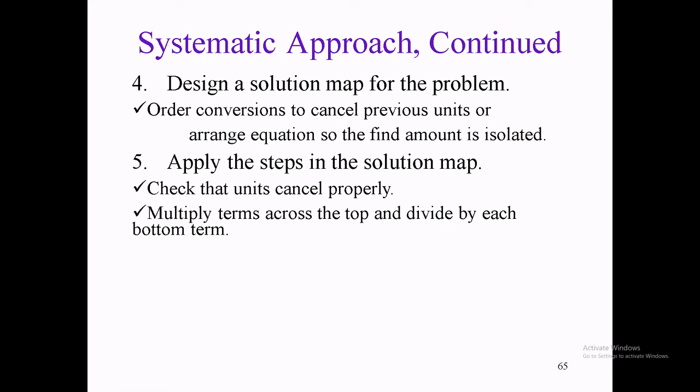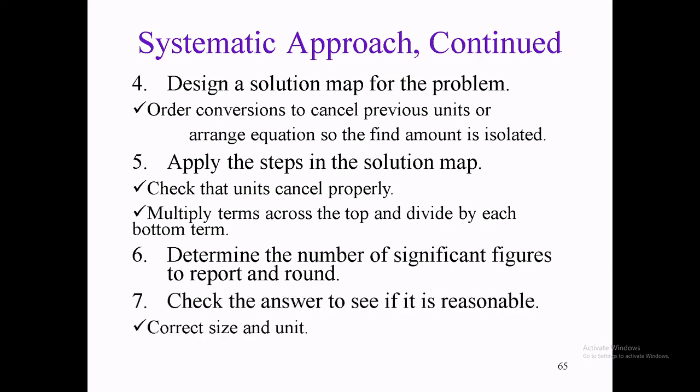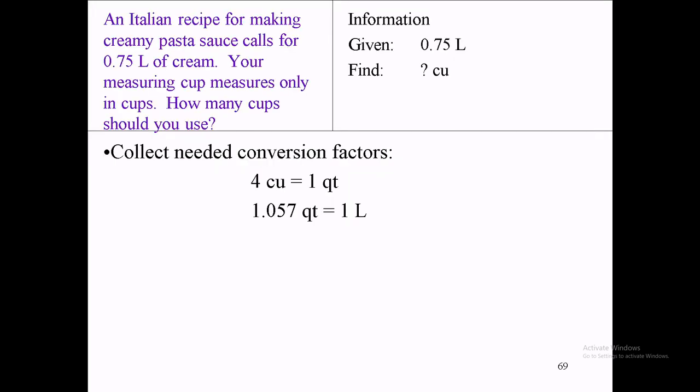We'll check that the units cancel properly, and we'll multiply terms across the top and divide by each bottom term. We'll determine the correct number of significant figures so that we know how to round our answer in the end. And then finally, we'll check to see that the answer is reasonable, that it has the correct size at some reasonable value, and that it has the right unit that we expected for our answer.